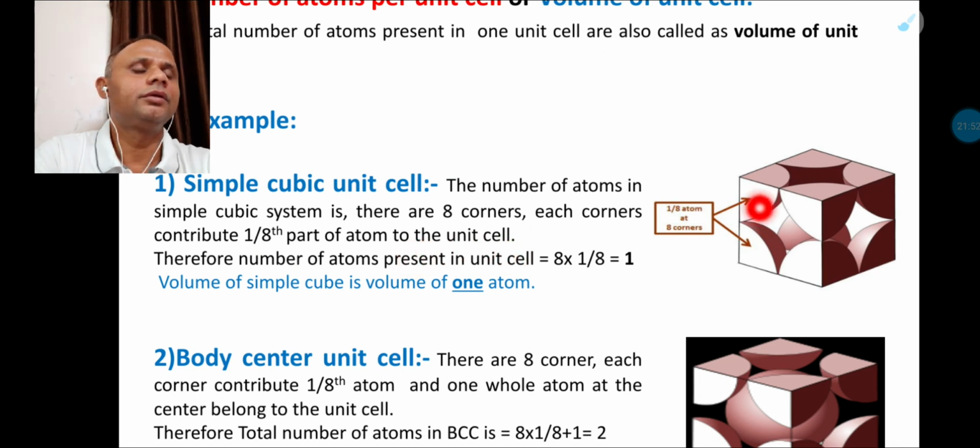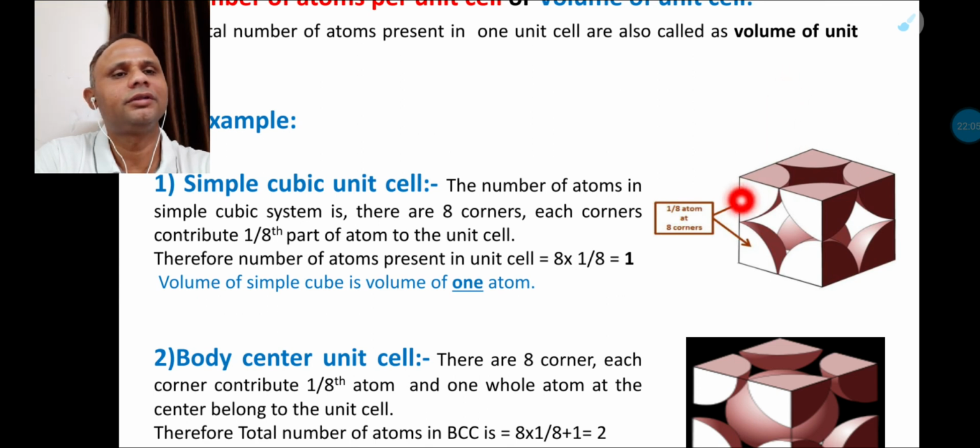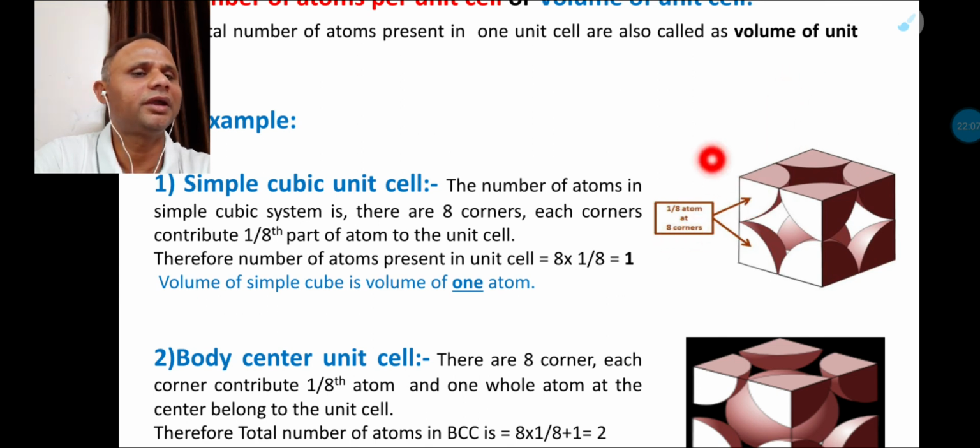If you see the figure, this is a unit cell. So 1 by 8 part of the atom contributes to this unit cell, and the other parts go to the upper unit cell, this is the left unit cell, this is the back unit cell, this is the LHS unit cell, this is the top unit cell, and this is the down unit cell.